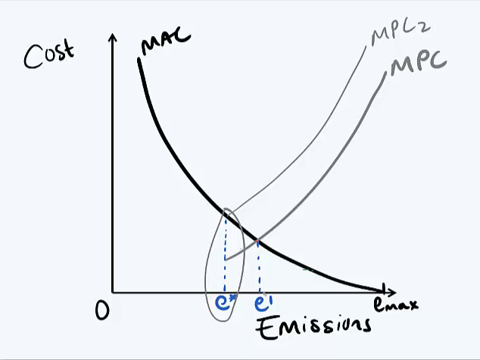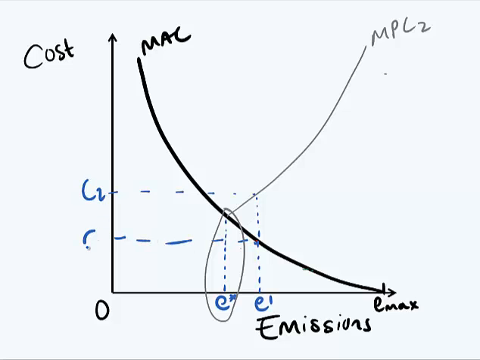If I'm at E1, then let's say I'm currently busy with marginal penalty 2, so I'm over there, and I'm currently emitting at E1, then my penalty will still be higher than my marginal abatement cost. And I can reduce even further until my penalty is equal to my marginal abatement cost. So that's just something to think about.